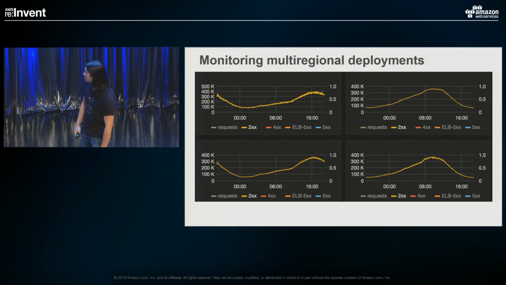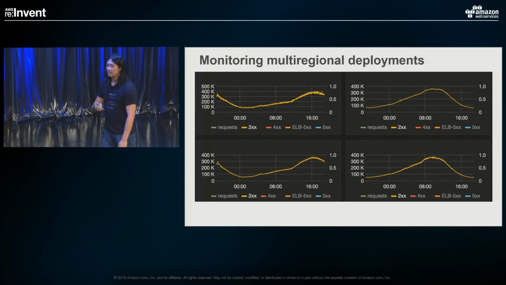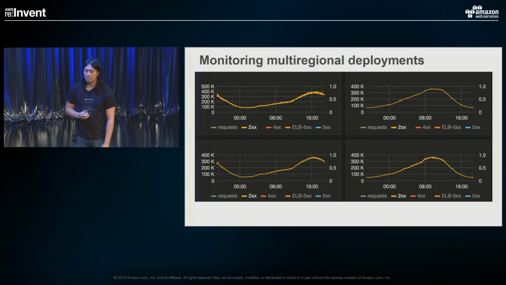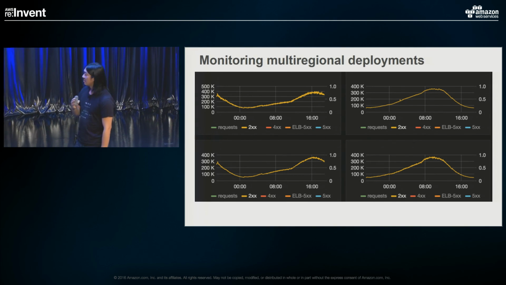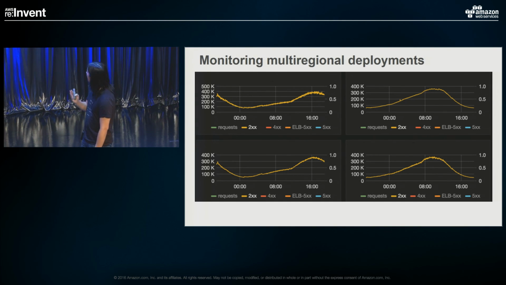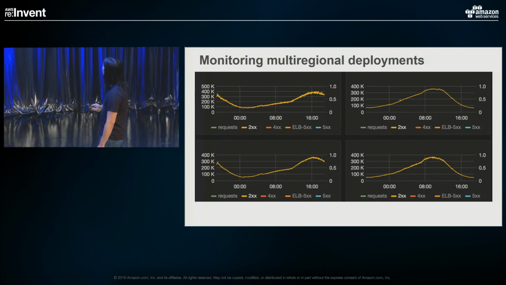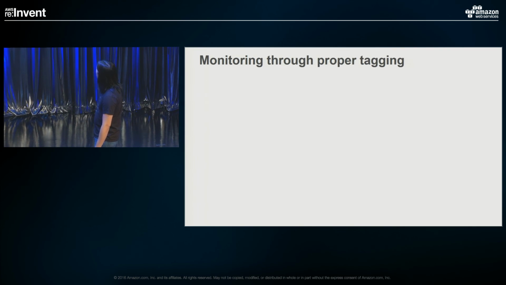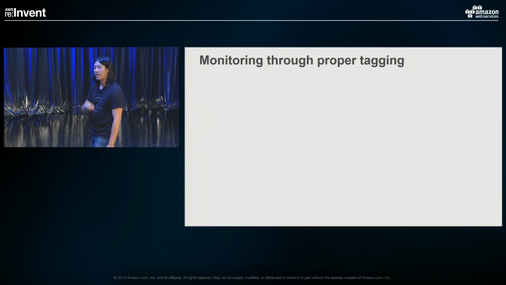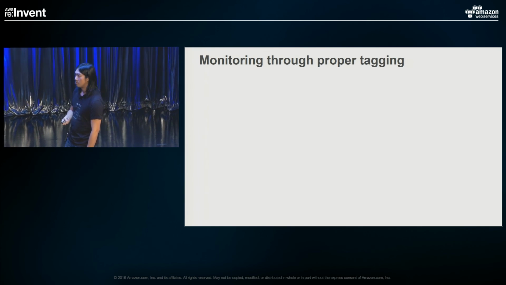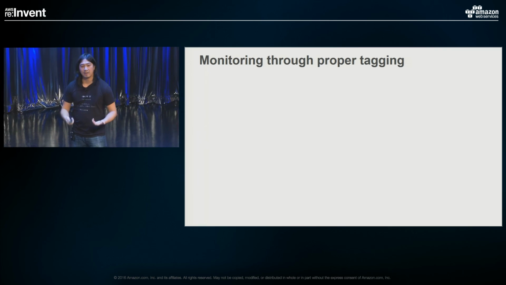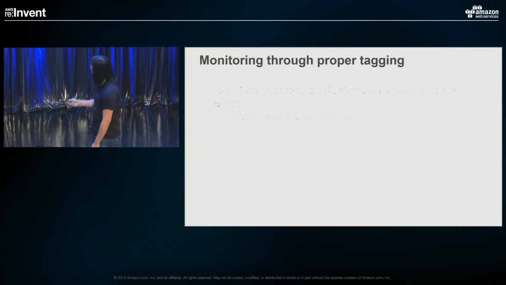Another thing is that now that you have another region, monitoring is super key, and we have to make sure we can monitor it and know where any problems happen. We use Grafana, and what's key here is that through proper tagging, we know where any metric is coming from and how to aggregate it so we can show those graphs in Grafana.